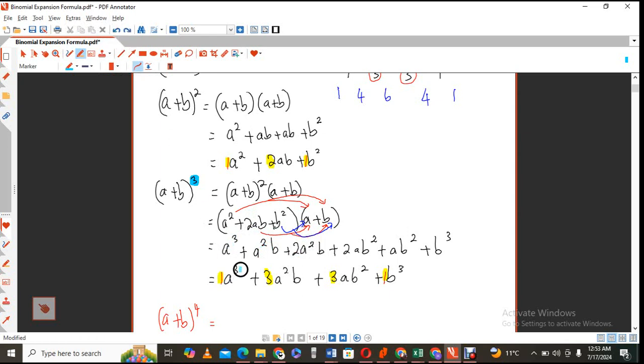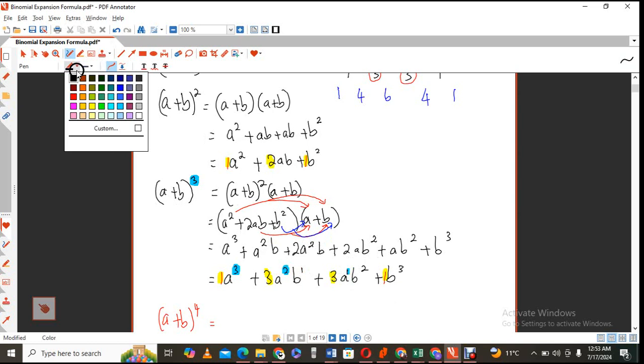The powers of a are decreasing. That's cube, that's square, and this is obviously to the power of 1. Okay, and the powers of b, for example, are increasing. Okay, so this is going to be 1 over here. And let's also have the 1 over here.